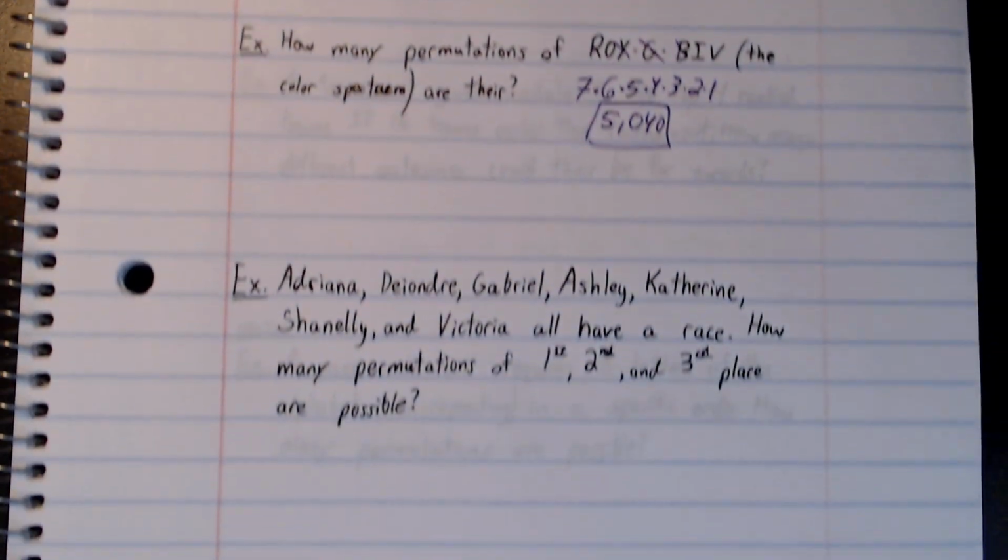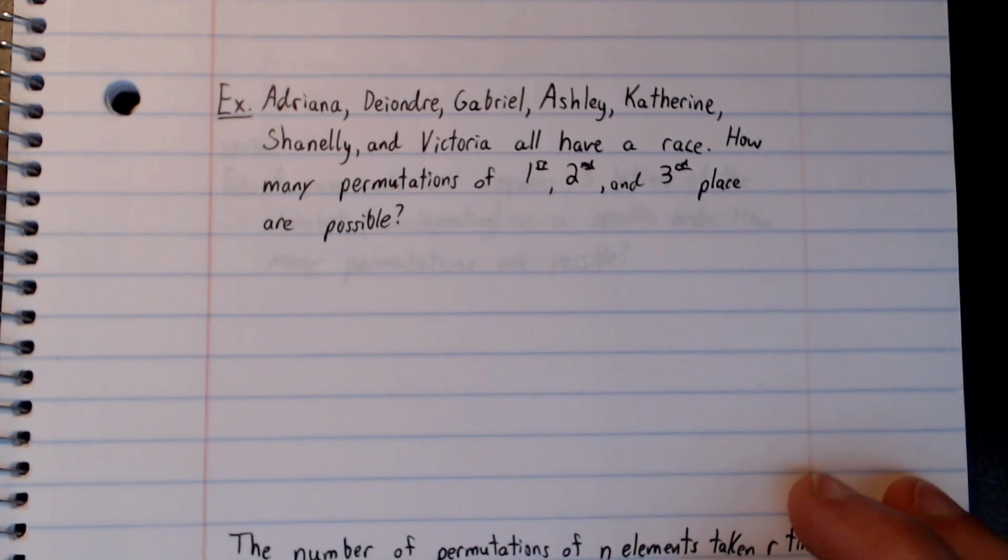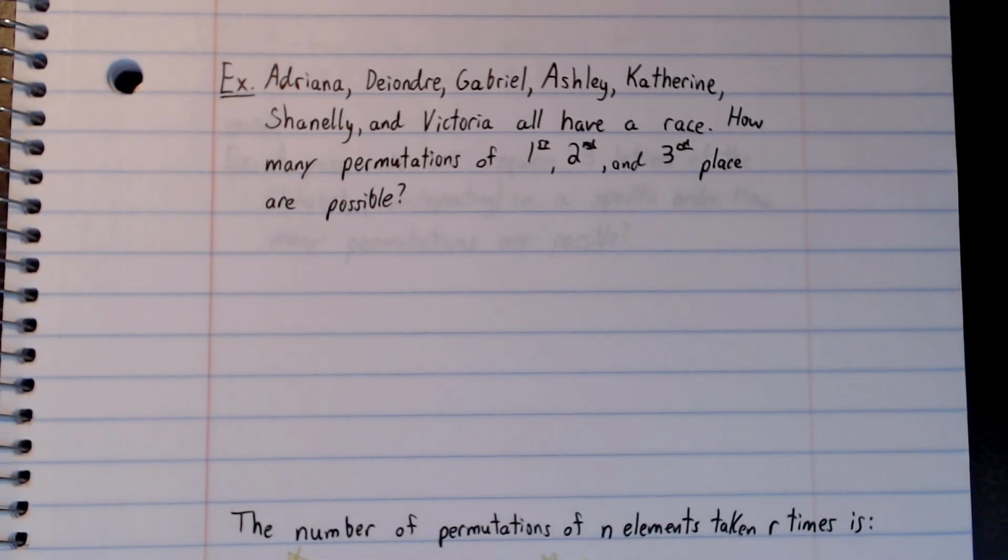Okay. Here's another example. Adriana, DeAndre, Gabriel, Ashley, Catherine, Chanelli, and Victoria all have a race. How many permutations of first, second, and third place are possible? All right, so let's see.